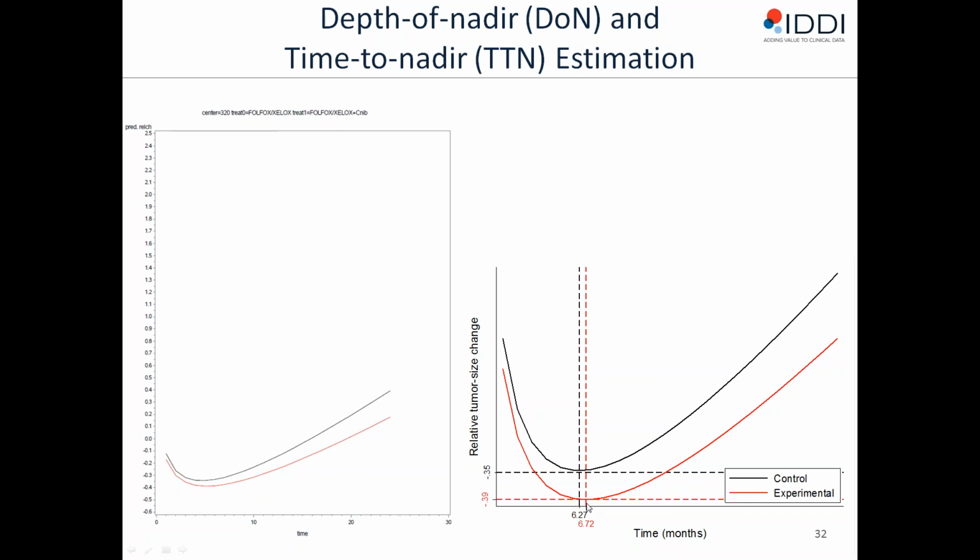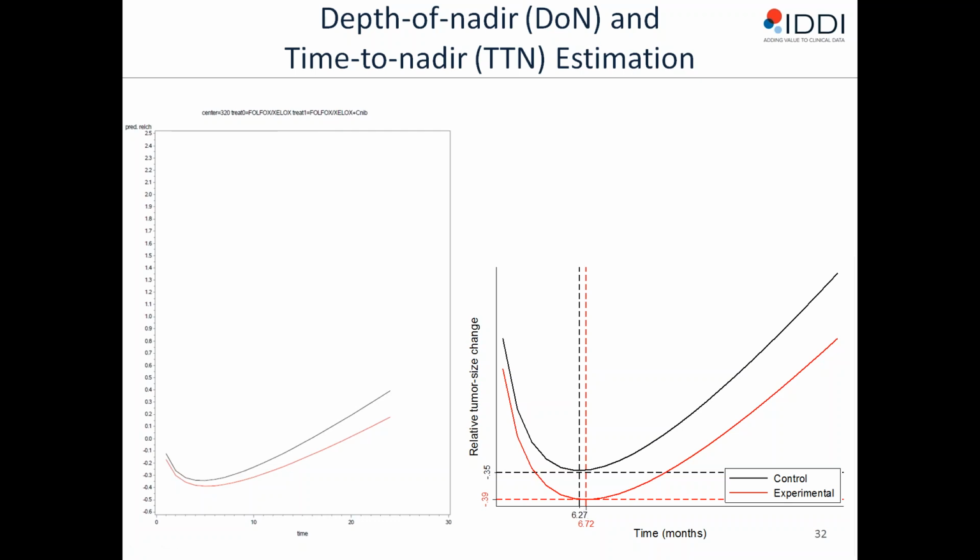So now we could use these values and the differences expressing the treatment effect in terms of the depth of the nadir. We could look at the effect of the treatment in terms of how deep on average the nadir is in the two treatment groups and take the difference as a treatment effect. Or we could also look at another endpoint, which would be time to nadir, because one could say that this time to nadir difference might also give information regarding the efficacy of the treatment.